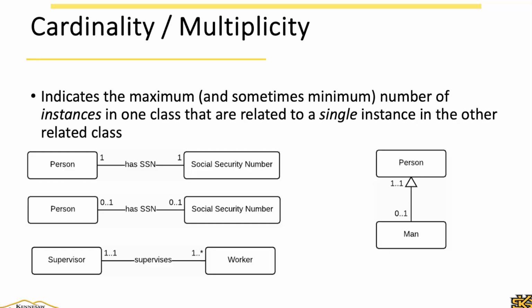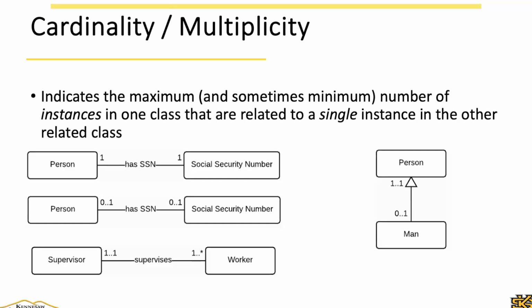For example, a supervisor who manages multiple workers, and each worker has only one supervisor. So in this case, we have a one-to-many relationship. One supervisor can manage many workers, but each worker is managed by only one supervisor.